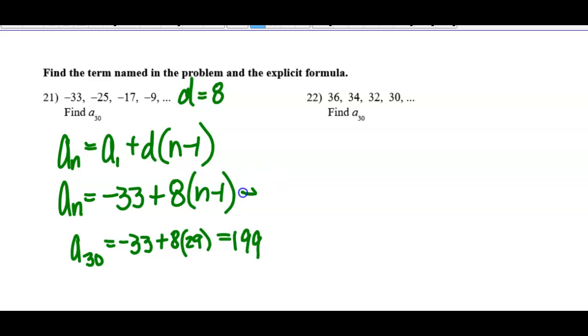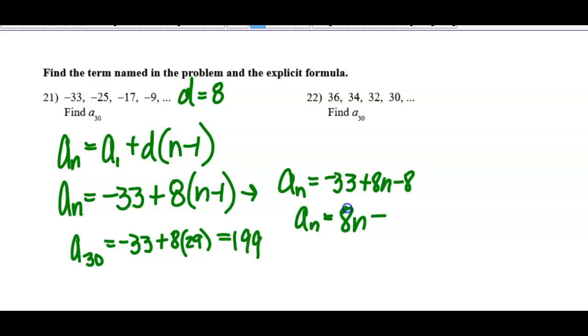But you could have also simplified this first. 8n minus, I will subtract that wrong, 41. Okay, so this is the simplified explicit form.